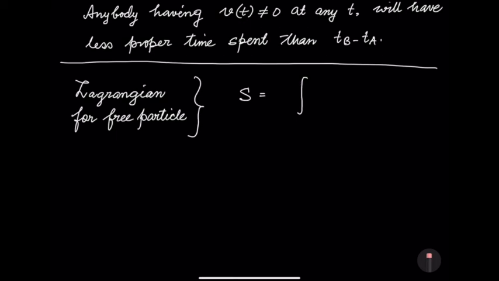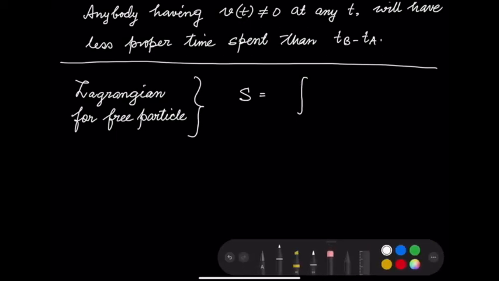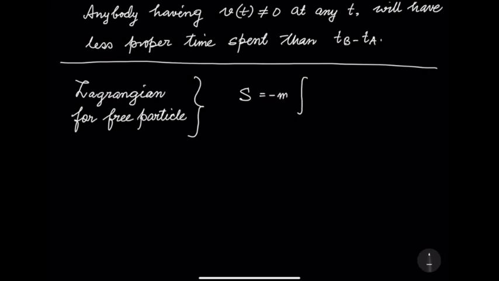So this is minus mc d tau, which one can write as, take one c inside, then this becomes g alpha beta dx alpha dx beta. This is what we wrote earlier.